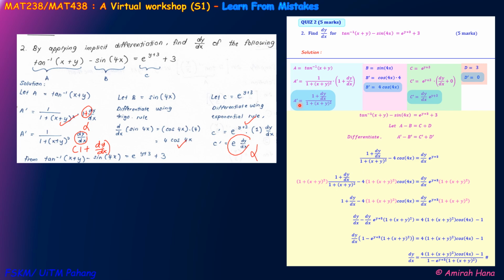Then we substitute a prime, b prime, c prime, and d prime into here. After that, we get 1 plus dy over dx over 1 plus x plus y bracket squared, minus, we substitute b prime equals 4 cos 4x, we substitute c prime equals dy over dx e to the power of y plus 3.